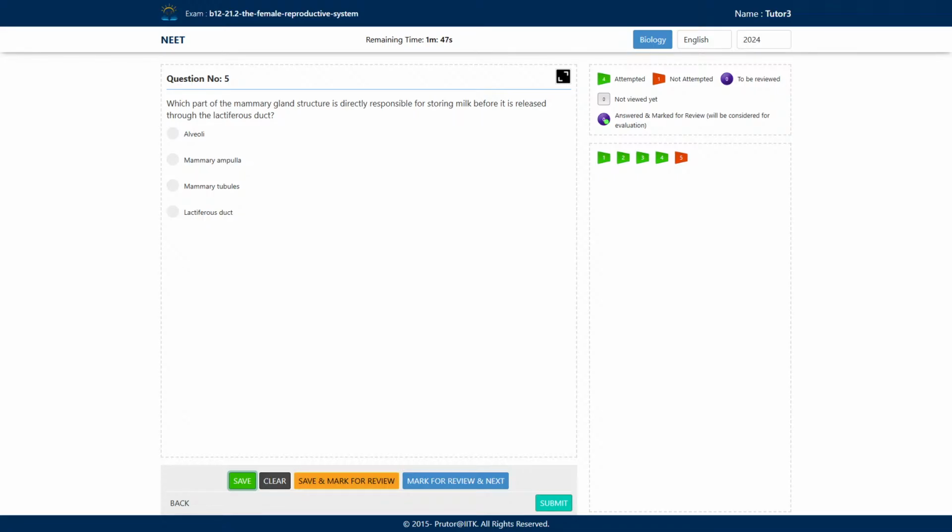A is alveoli, B is mammary ampulla, C is mammary tubules, and fourth is lactiferous duct. Okay, so finally I have told you the milk reaches the lactiferous duct, and through the lactiferous duct the milk is sucked out. So what will be the correct answer here?